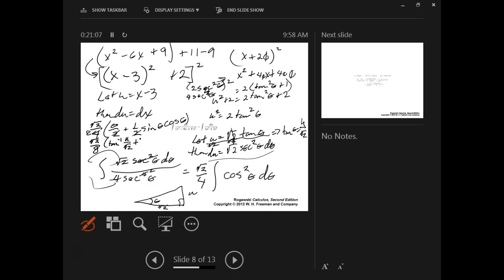So we got this theta to be inverse tangent of u over root 2. Pull out this theta. Okay, the next thing we run into here is the sine theta. What's the sine of that angle theta? Oh, we don't know the hypotenuse, do we? Or do we? What is it?